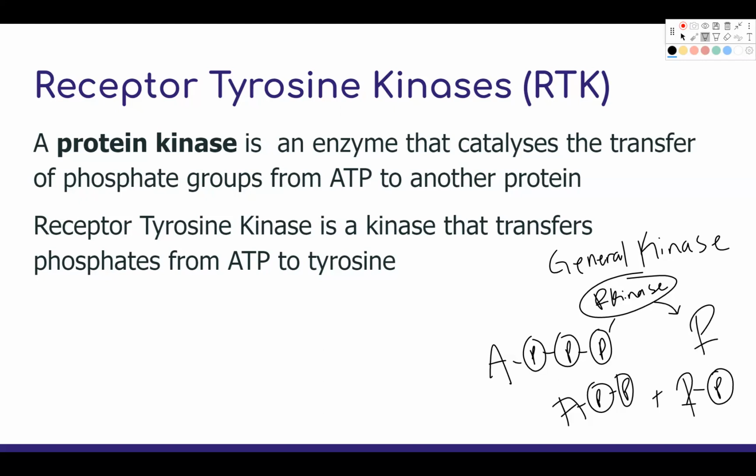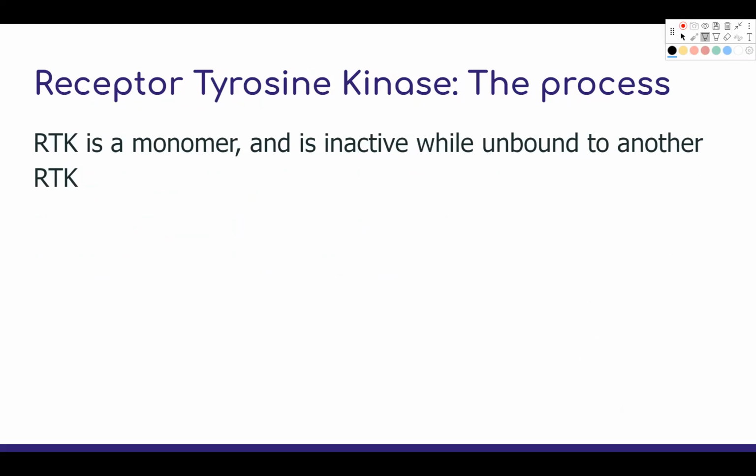All right. So, here is the process of activating a receptor tyrosine kinase. Receptor tyrosine kinases, in their inactive form, are a monomer. It's just one. So, it kind of looks like this.